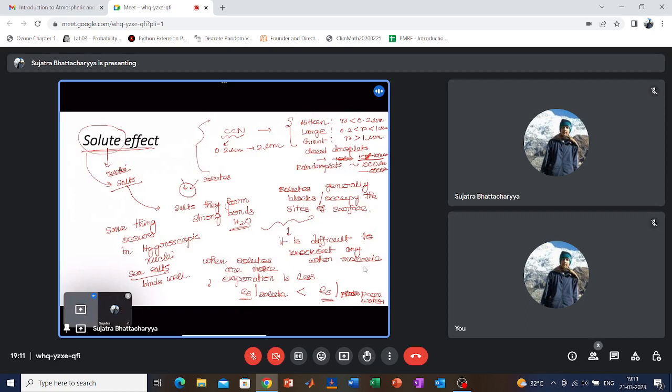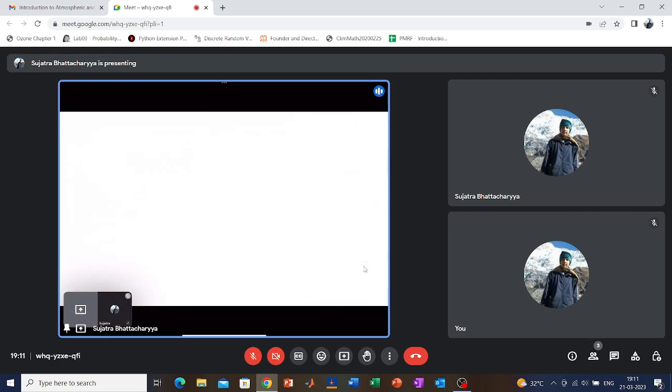Now I will derive it. It's very simple. It is there also, you can refer to that, but I have given the concept for this particular thing. You will get several questions from this particular section in the assignment. So in this case we have to remember that the condensation will start early. Now suppose the derivation starts with this: say E dash is the new saturation vapor pressure with solutes.